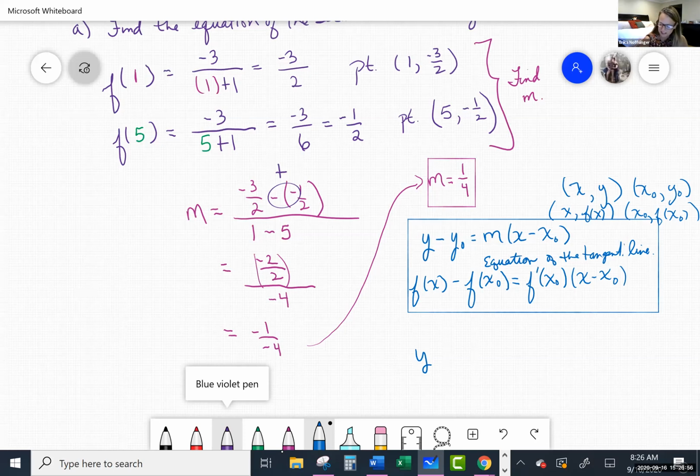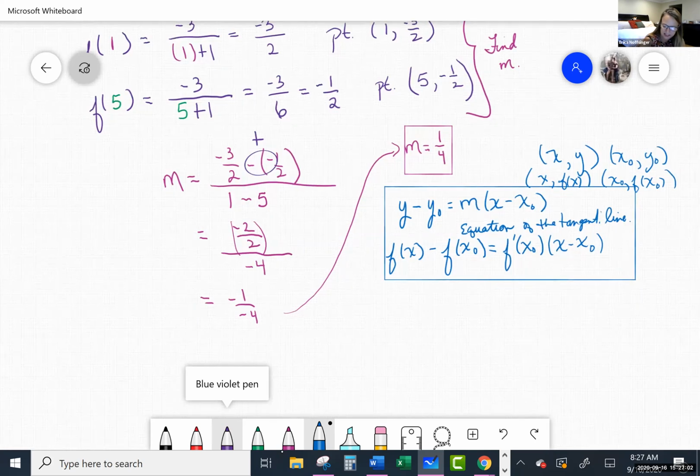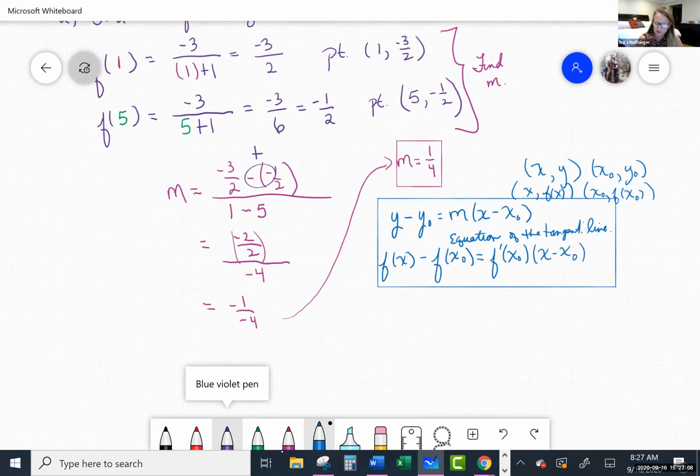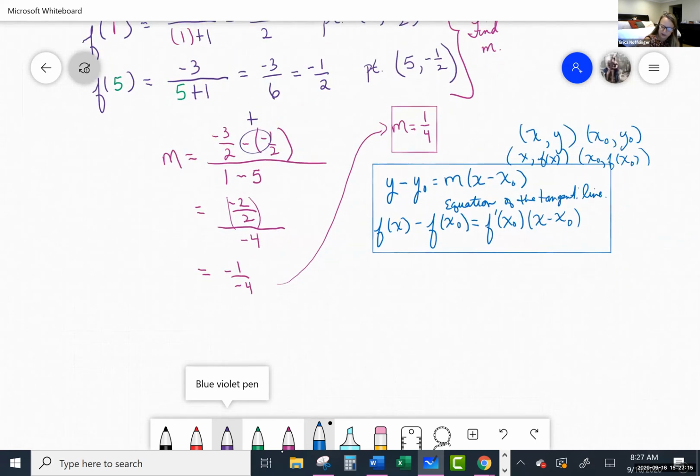So for the equation of the secant line, we needed the point and we needed the slope. We have both, and it doesn't matter which point you choose. We can choose (1, -3/2), or we can choose (5, -1/2). In the end, we would get the same equation because the line goes through both of those points. So maybe we'll just go through it one time this way.